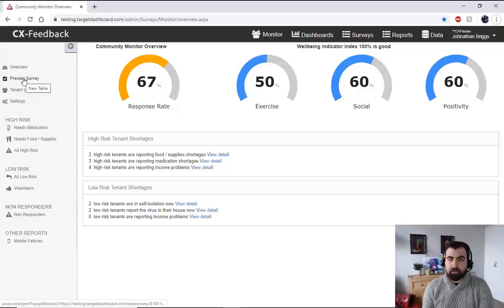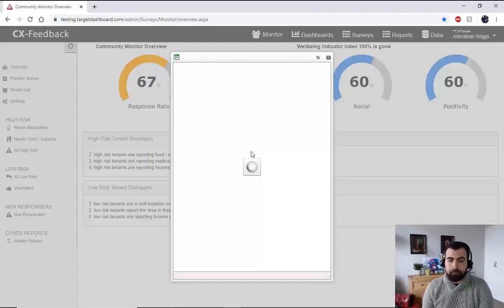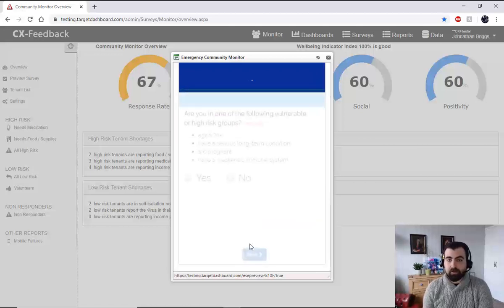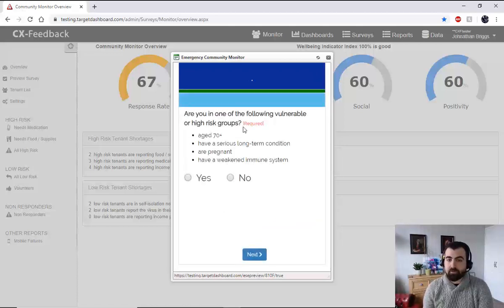So let's have a quick look at the surveys. Each tenant will initially get the same survey to start with for the very first time. We'll be able to customize your logo, all of the introduction page text, and allow you to give them various pieces of information in the introduction page. Then our standard survey asks, are you in one of the following vulnerable or high-risk groups?